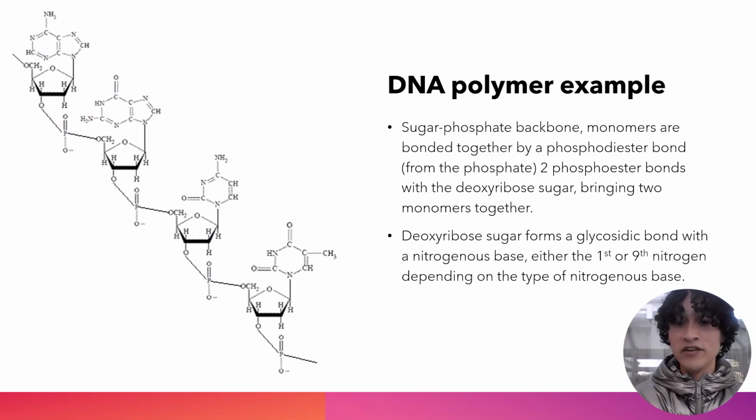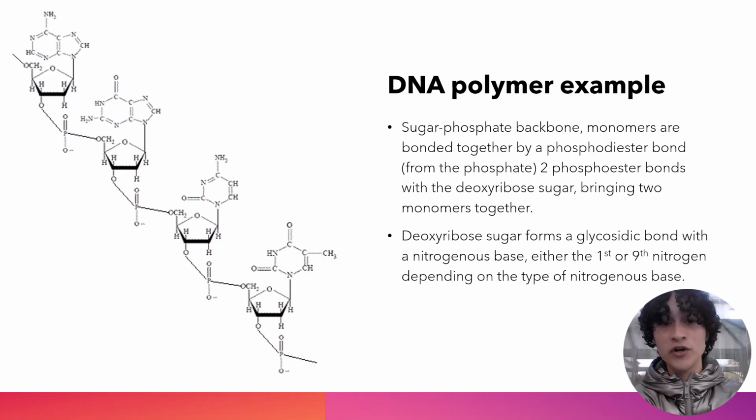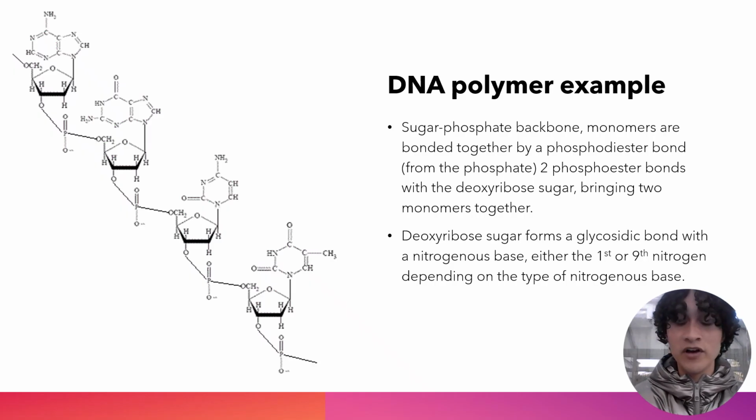deoxyribose sugar. It's still a glycosidic bond for every single base, and the deoxyribose sugar is linked to the phosphate through a phosphoester bond. But you can see that that phosphate group is actually linking the deoxyribose sugar on the other nucleotide monomer. So therefore, in a polynucleotide, the backbone, if you like, is referred to as a phosphodiester bond.